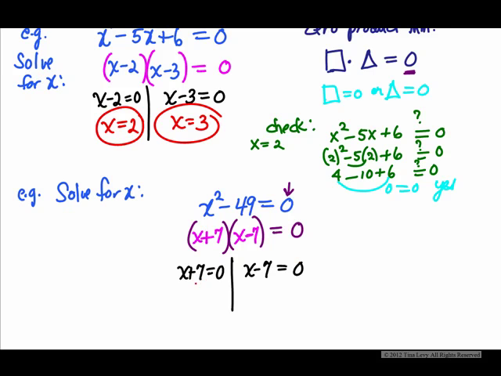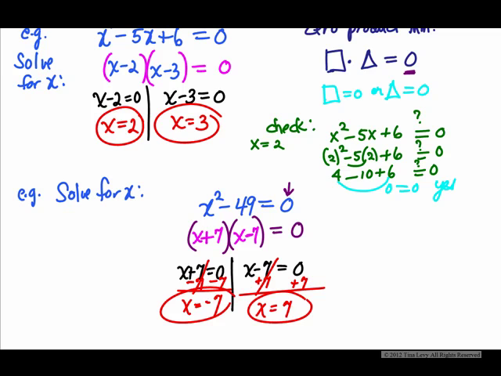Subtracting 7 from both sides here, we get x is negative 7. Adding 7 to both sides here, x is positive 7. And it's important that we have all the possibilities. So the solution is all the possibilities that would work.